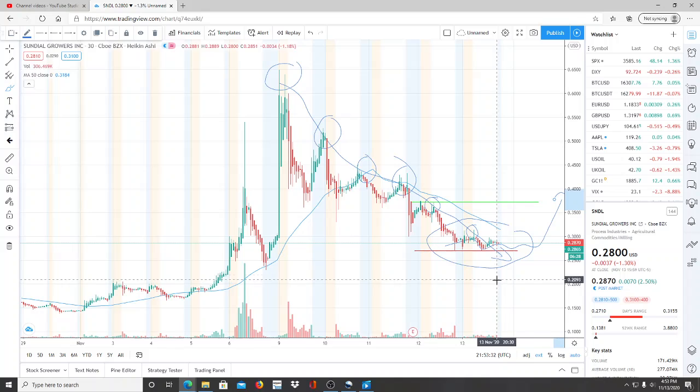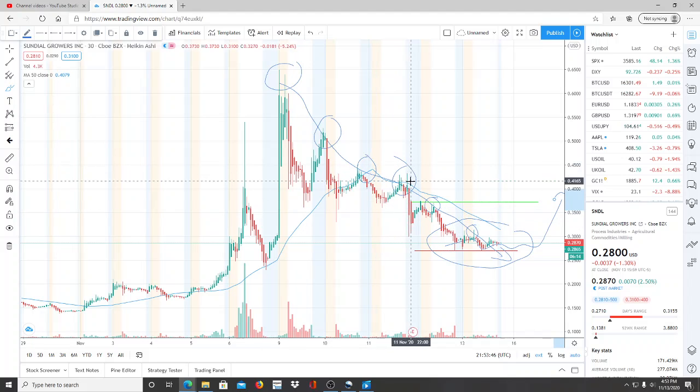We're going to have to pay close attention to how this stock reacts in the next coming days and weeks. This has been hitting newer lows. Every time it seems like it's going up, it takes itself down to newer lows. And here we are seeing it kind of settle down.